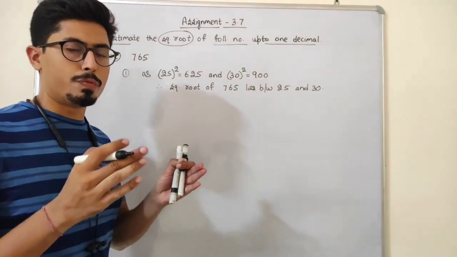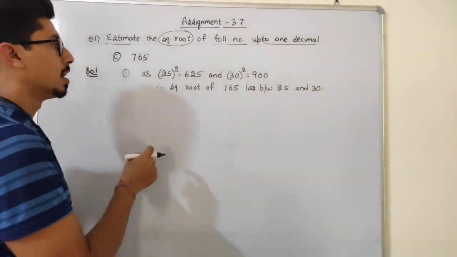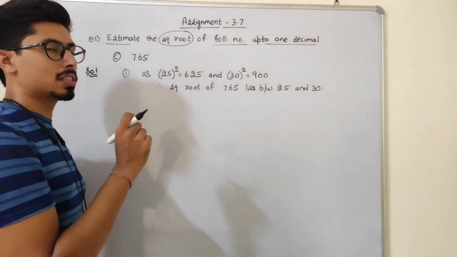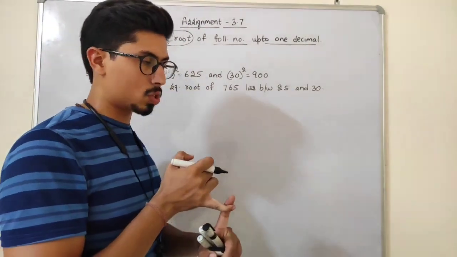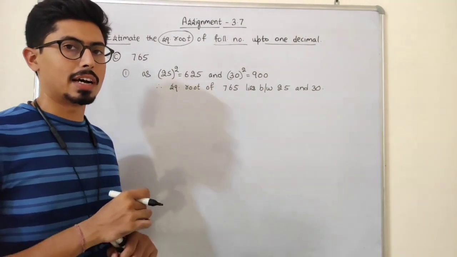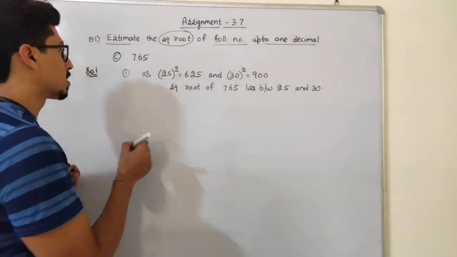So now move more closer to the number. Okay, so 25 square is 625. So move more closer, students. If I take 26 square or 27 square, I suggest you take 27 square, students.